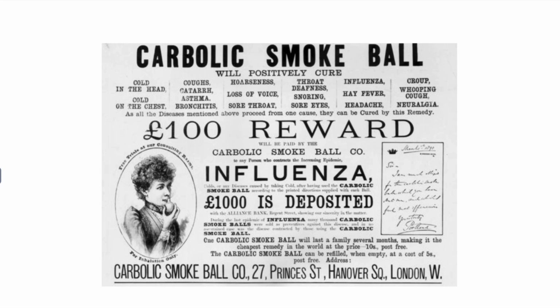In this case, Mrs. Carlill started a claim against the manufacturer of the carbolic smoke ball, which was a device for preventing colds and flu. The manufacturer had promised a reward of £100 for anyone catching flu despite the use of its product, but when Mrs. Carlill caught flu after using the product, it refused to pay out.